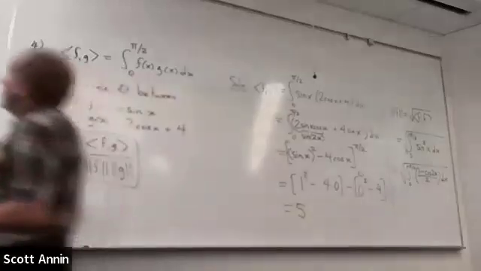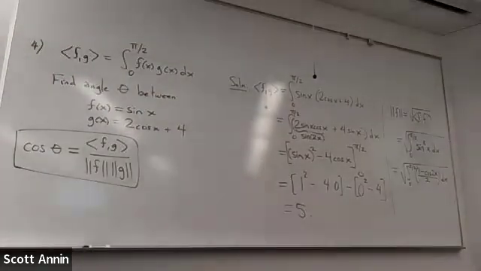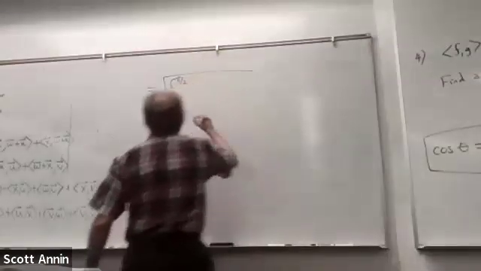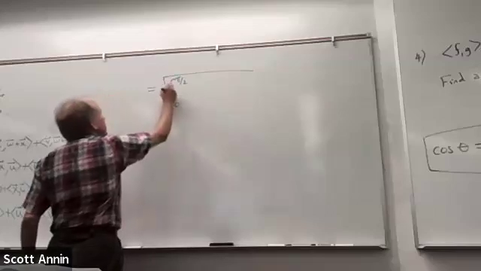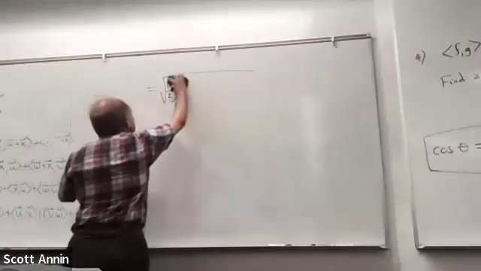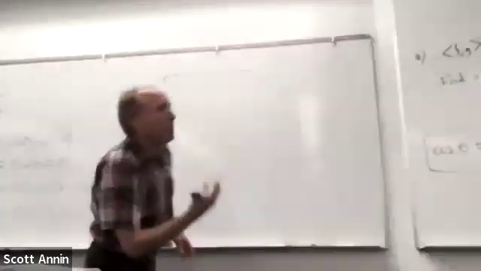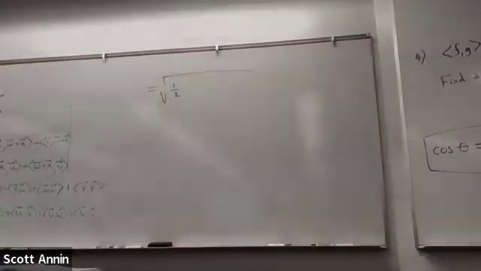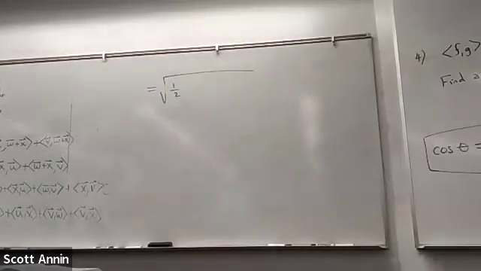I need a little bit more room, I think. Let's go back over here. So we have the square root of the integral from 0 to pi over 2, and I can just pull the 1/2 outside. Sorry, let's erase this. I'm actually just going to do the integral. The 1/2 can just be written down, and then all I'm left with is integrating 1 minus the cosine of 2x.